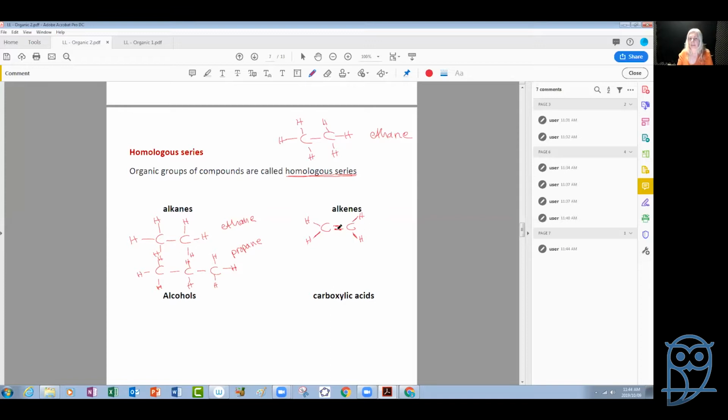The double bond, of course, counts for 2. And the other carbon on the right has 2 bonds here, and another 2, 4 altogether. So this is how we show an alkene. In our case, this is the ethene, an example of an ethene.